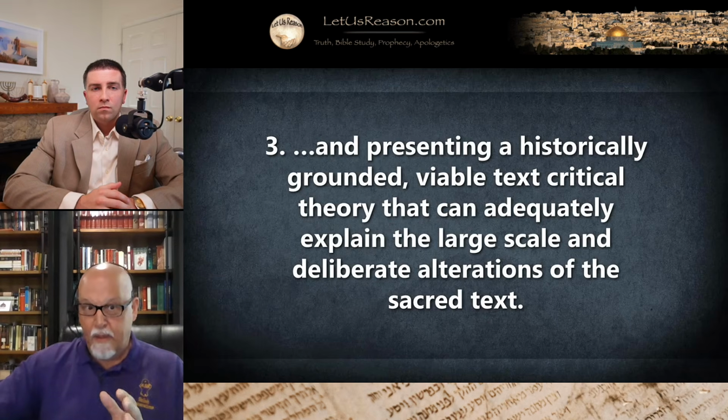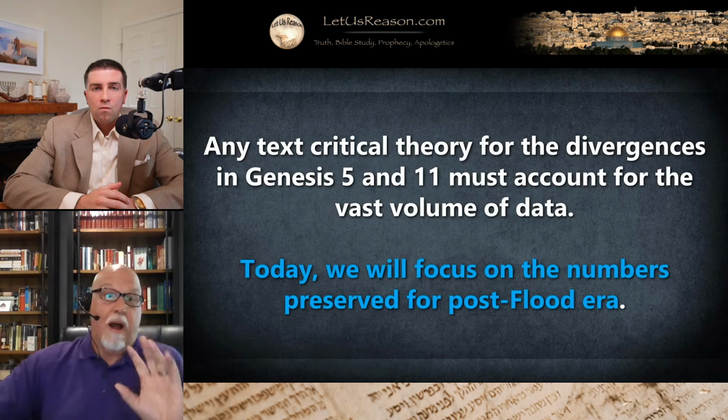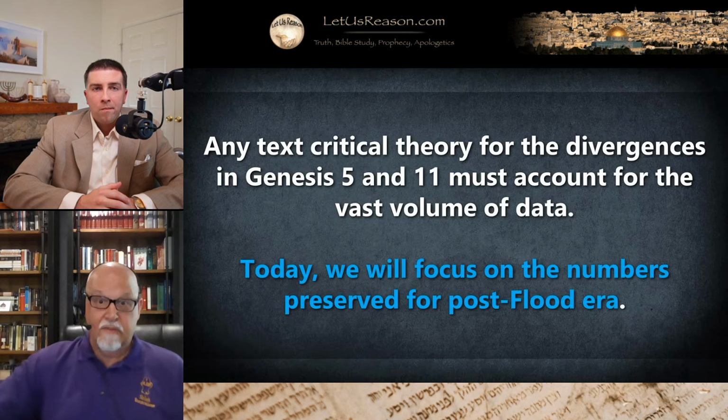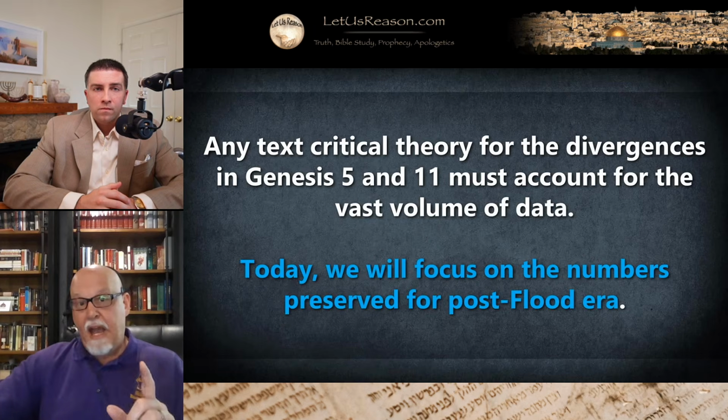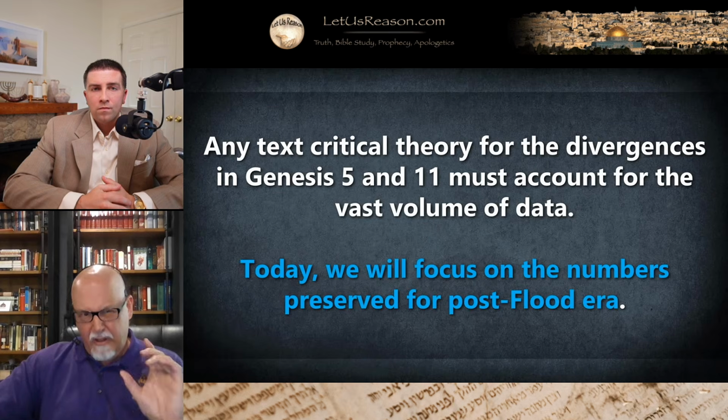It's not just the biblical manuscripts, but the external witnesses to the text. So there's a lot to digest. I'm going to do my best to make it easy for folks, and if they want to really dive deep, they can check out our website. Today, I'm going to focus mostly on the post-flood era, because this is where the evidence is most obvious, and for illustrative purposes, to illustrate what I think happened here in the past with these numbers.